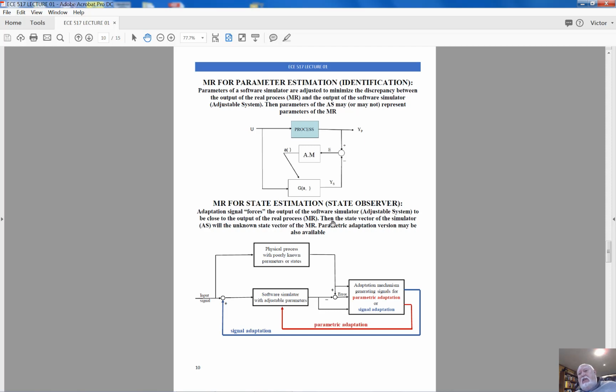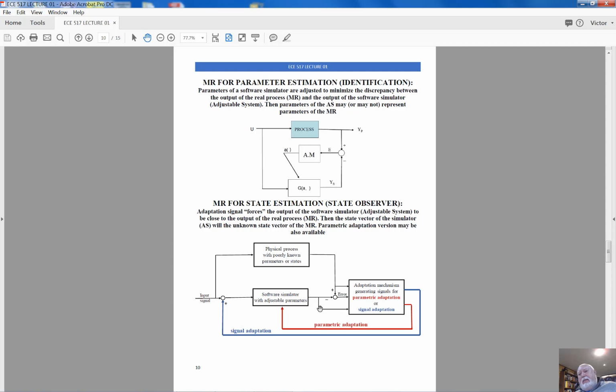Let's see how we can perform state estimation using the model reference approach. This is a physical process with poorly known parameters and poorly known states. Our prime goal is to determine the state vector for this process. We have a simulator with adjustable parameters. And for the simulator, we can monitor the state of the simulator continuously if necessary.